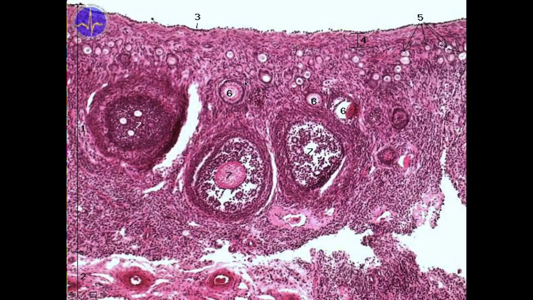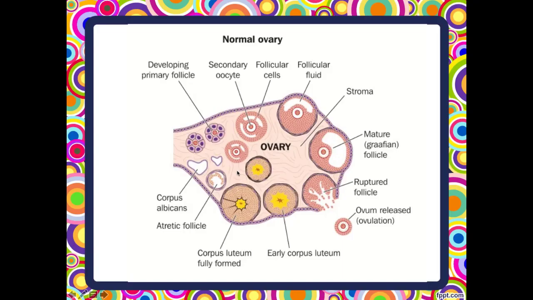And this is the cortex of the ovary. You can see many primordial follicles which are located near the tunica albuginea. This is number 4, just under the surface. And then deeper within the cortex, you can see other stages of follicular development, like the primary unilaminar follicles and secondary follicles and so on.